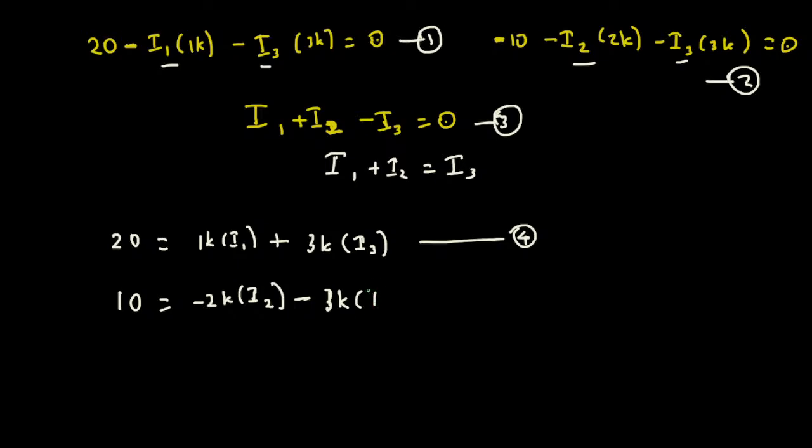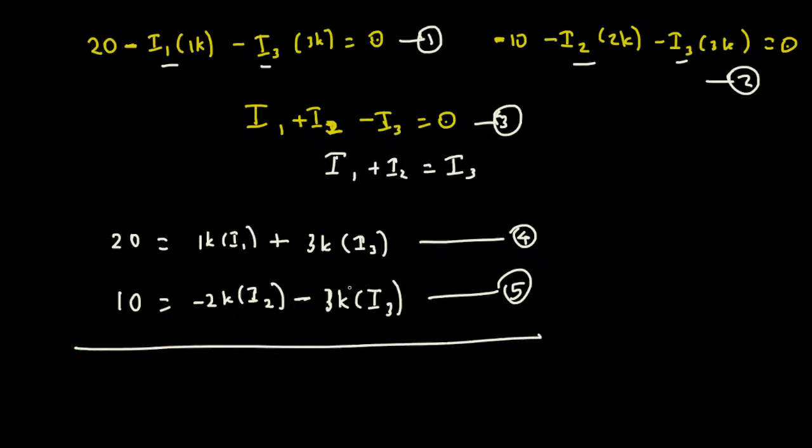As you can see, we can directly add these two together and eliminate the 3k I3. If you add these two, the 3k I3 will be eliminated.